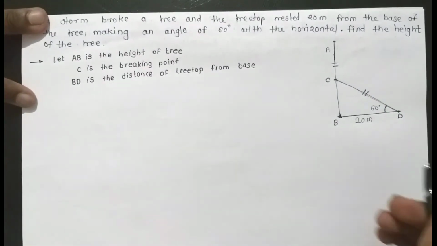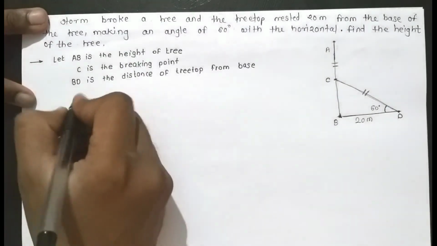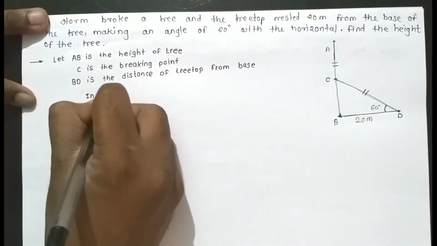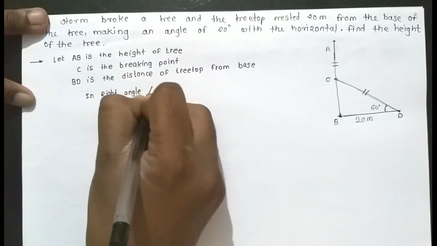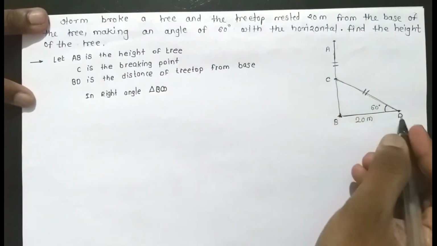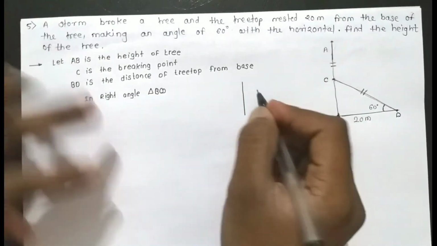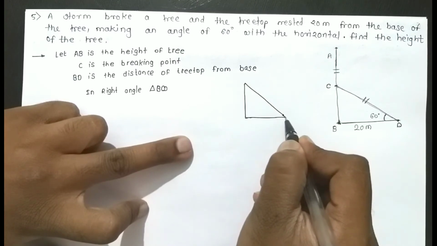Then nothing is remaining, so let us solve. We get a right angle triangle BCD. Draw a separate figure here.